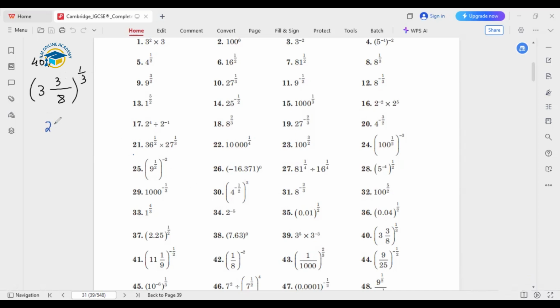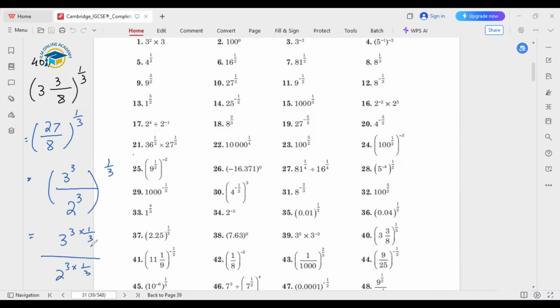So we can write it as 27 by 8 raised to the power 1 by 3. So 27 we can write as 3 raised to the power 3, and 8 you can write as 2 raised to the power 3, and this power 1 by 3 with both of them. Then you can separate out this 1 by 3 with both of these like this. So cancelling the powers, we will only have 3 by 2, that you can write as 1 into 1 by 2. So this was your part number 40.